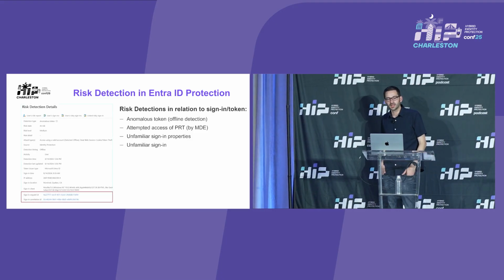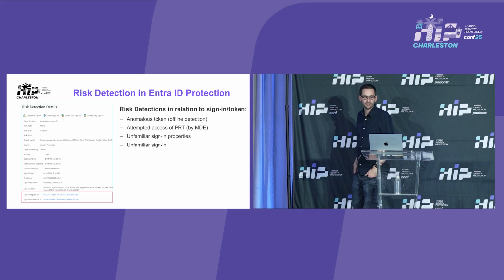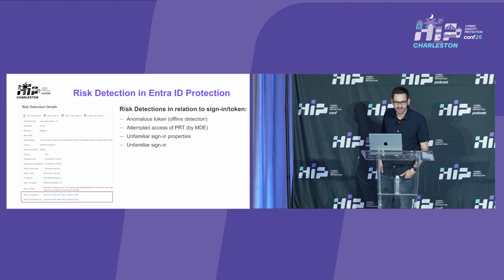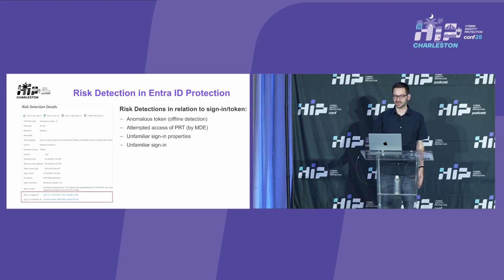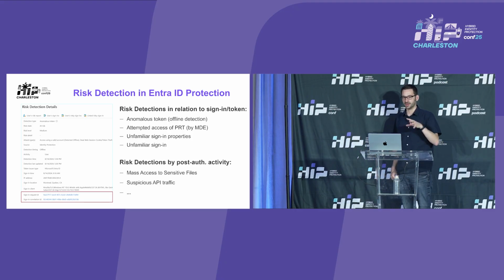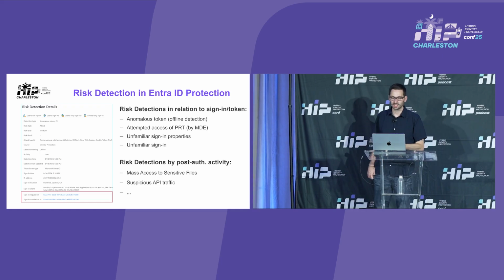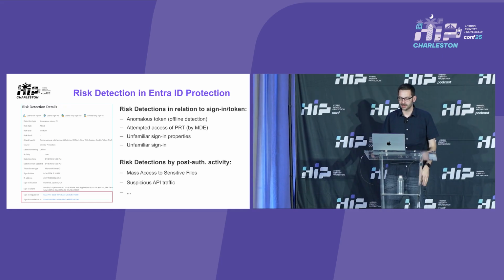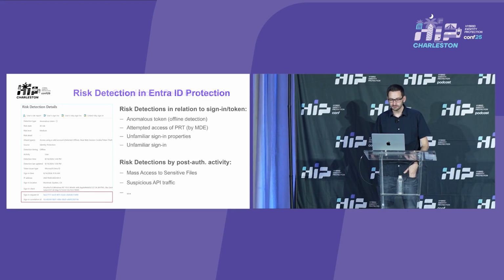And all of these risk detections include IDs like sign-in, request ID, and correlation ID. So now with all what we learned so far, that helps a lot to map the risk to the specific sign-in. And there's also out there a couple of post-authentication detections, like suspicious Microsoft Graph API traffic and so on.